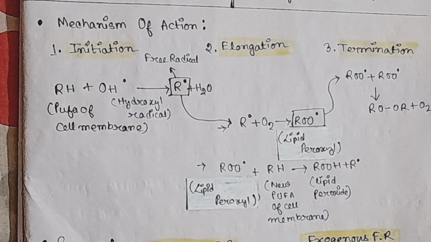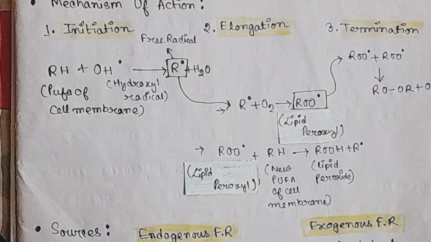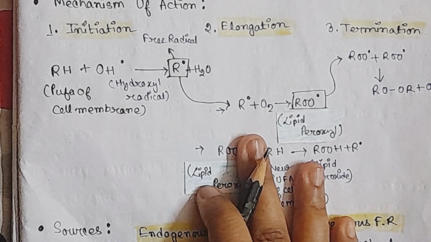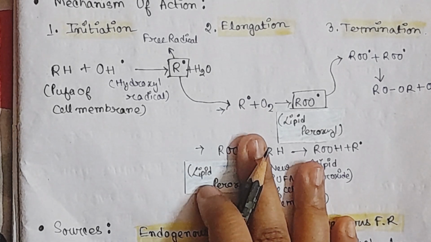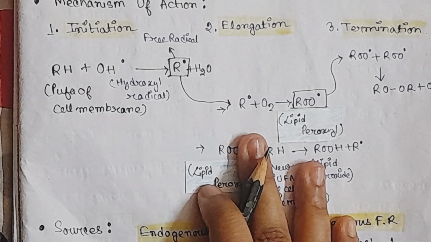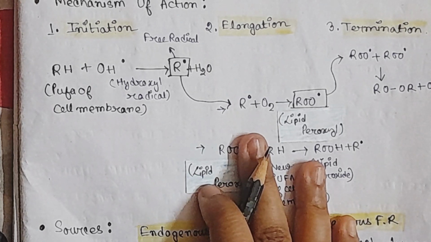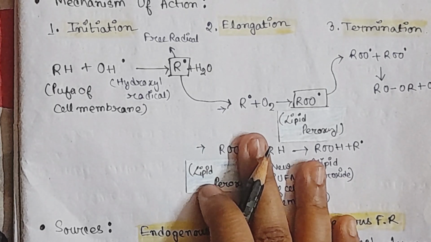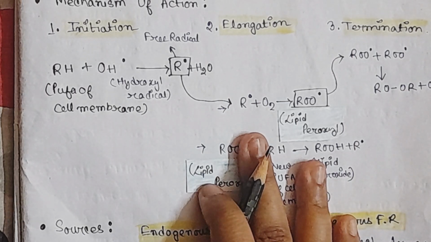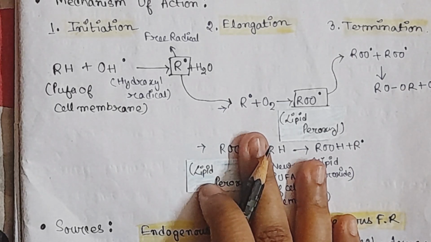Lipids are mainly present in the cell membrane, and the cell membranes of our cells are mainly composed of two components, protein and lipid. The major part is lipid, and this lipid contains PUFA, and these polyunsaturated fatty acids are very prone to oxidation. So free radicals can easily oxidize these PUFAs.